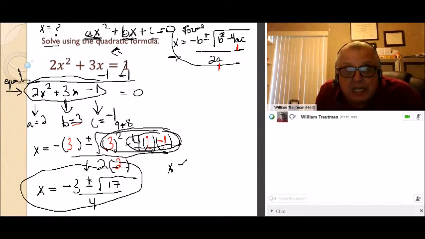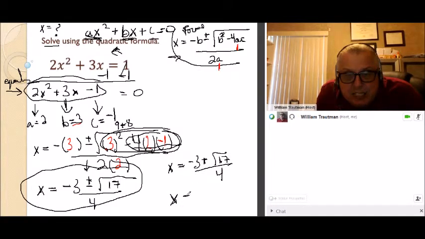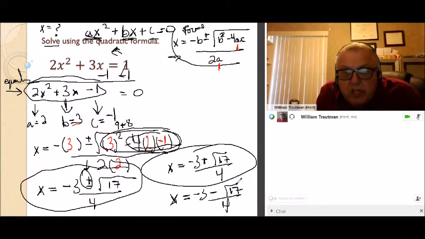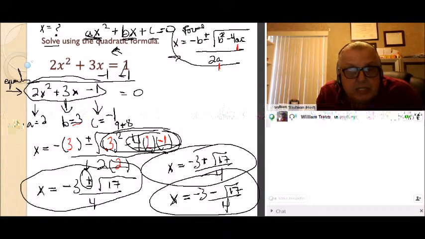One answer is x equals negative 3 plus the square root of 17 over 4, and the other answer is x equals negative 3 minus the square root of 17 over 4. One with a plus and one with a minus.